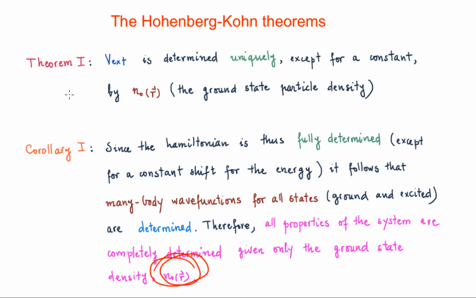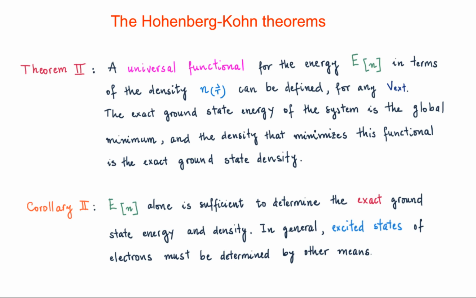Let's go now for the second theorem. The second theorem states the following. A universal functional for the energy in terms of the density, which of course in principle we don't know a priori the expression for, can be defined for any external potential.